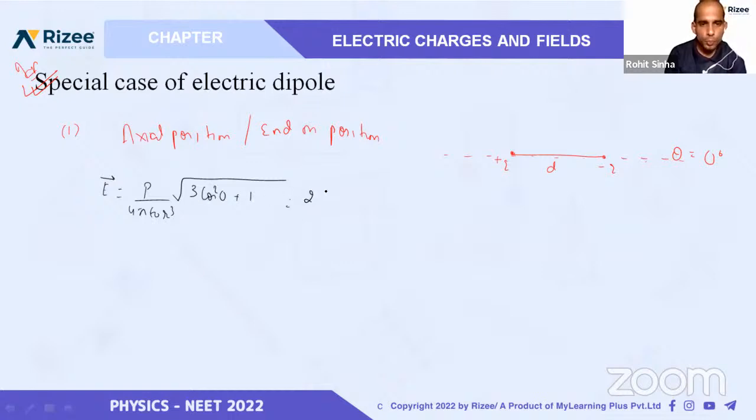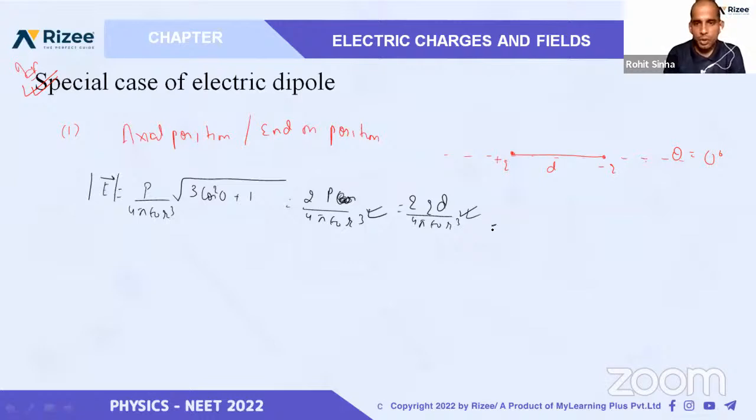We will get 2p by 4 pi epsilon naught r cube. Or we can write it like this: 2p is replaced by qd, so qd by 4 pi epsilon naught r cube. This will be the magnitude of the electric field at the axial position.